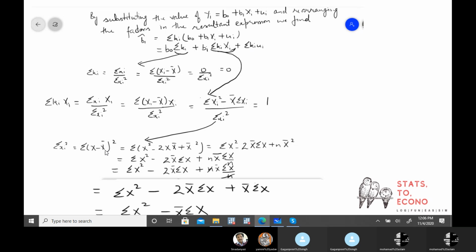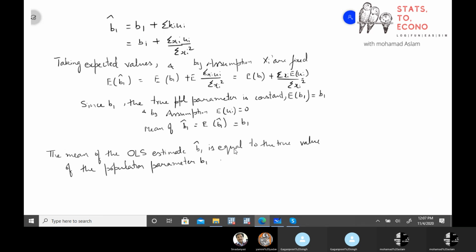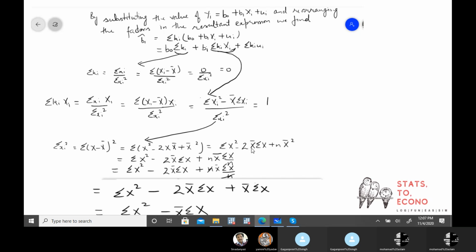This is x minus x mean square, so a square plus b square minus 2ab. Now solve this particular term: summation xi square, 2 mean, and summation x. Opening the bracket, because mean is constant, it goes outside the summation, and the summation of a constant is that constant multiplied by n.